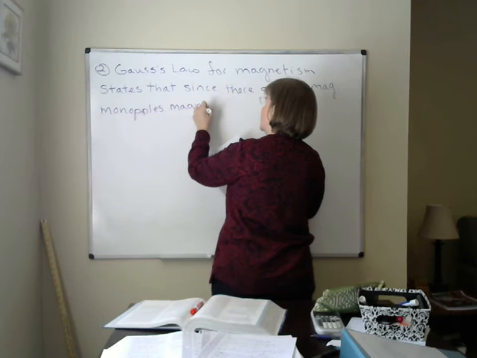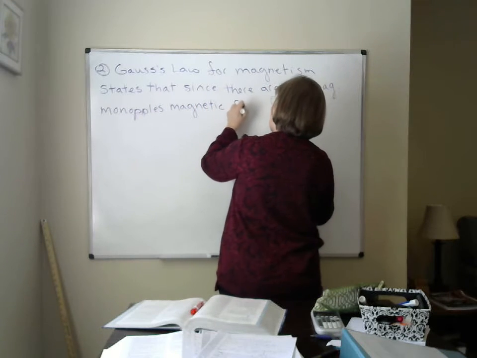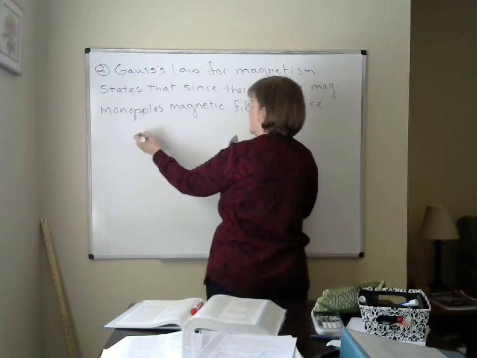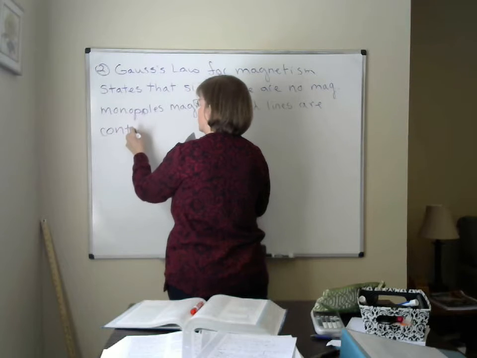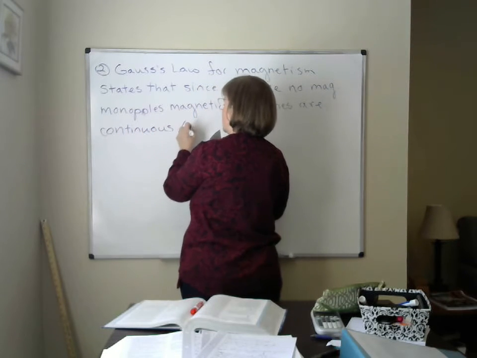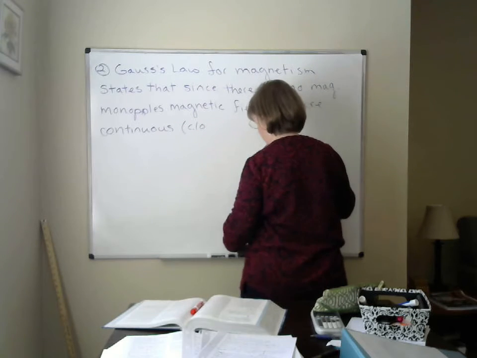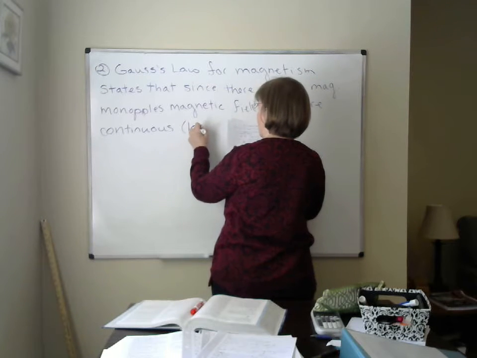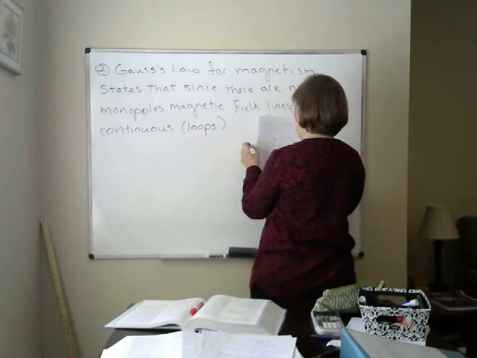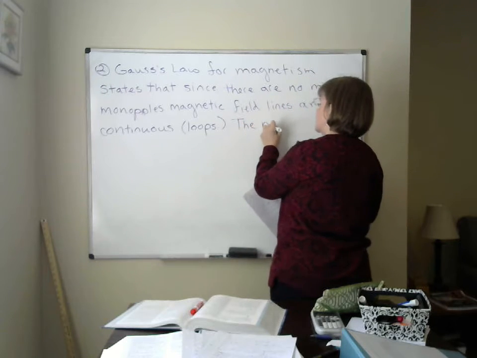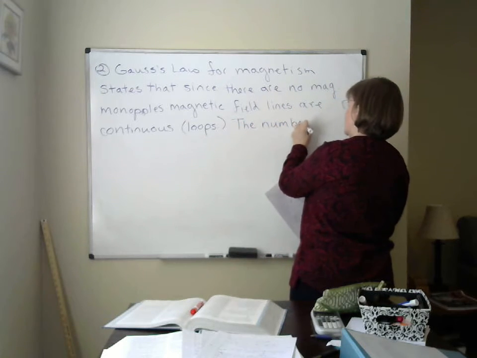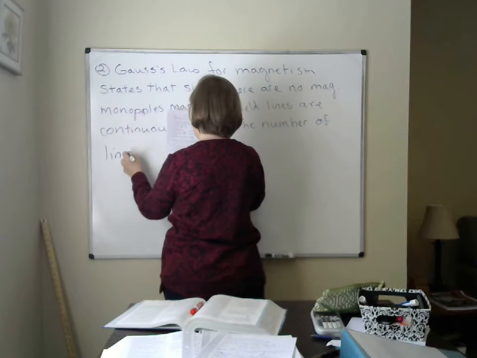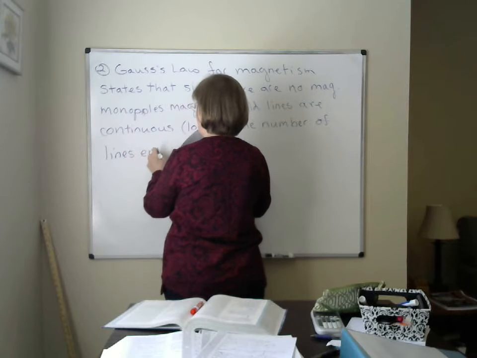That means magnetic field lines are continuous. They form those closed loops we've talked about. The result of that is the number of lines, and when I talk about lines, I'm talking about magnetic field lines or lines of flux entering a closed surface.